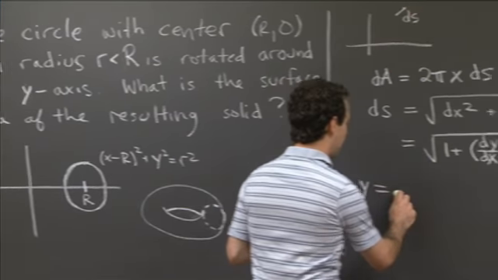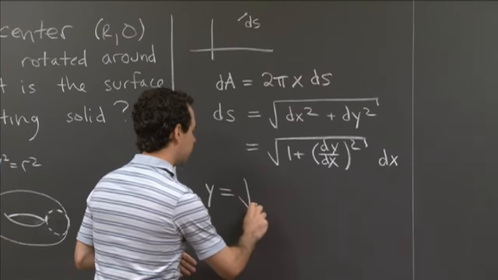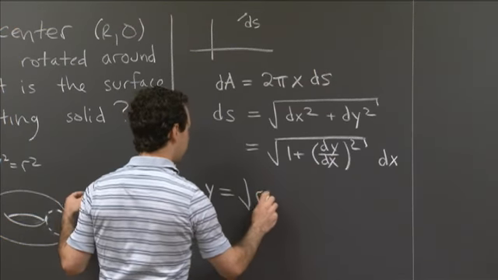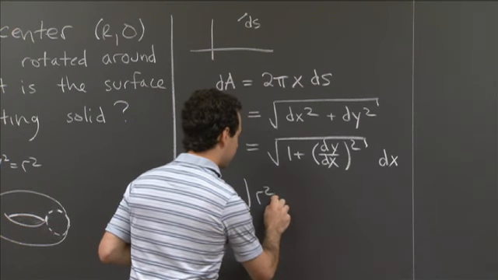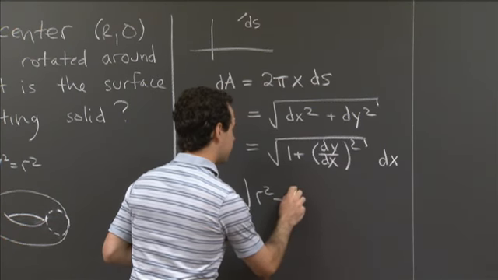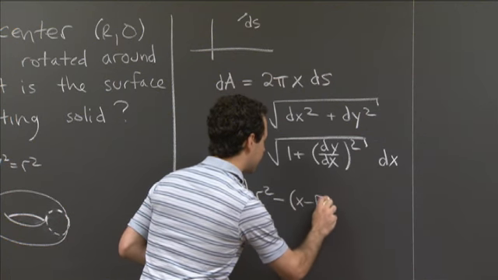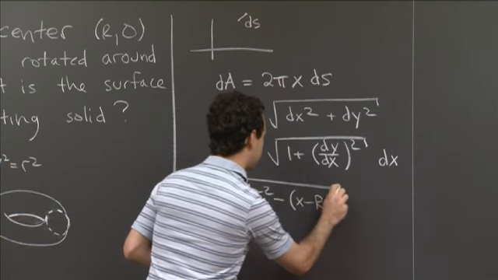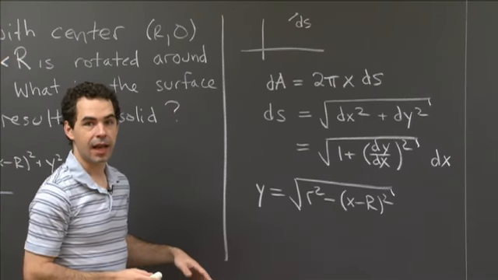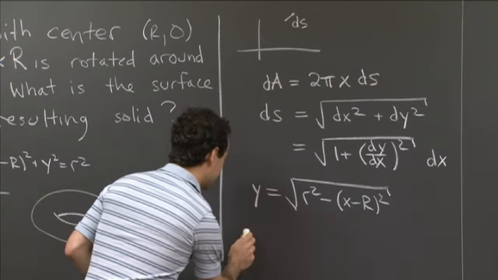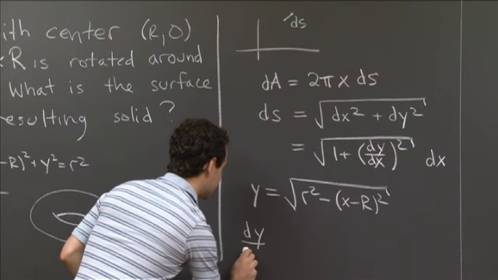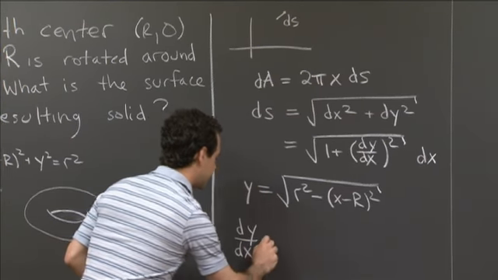So y equals the square root of, you subtract (x minus R) squared from both sides, so this is little r squared minus (x minus big R) squared. So that's y, and now you can differentiate to get dy/dx.